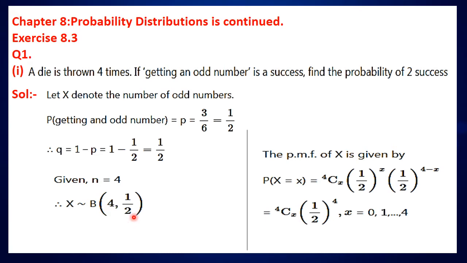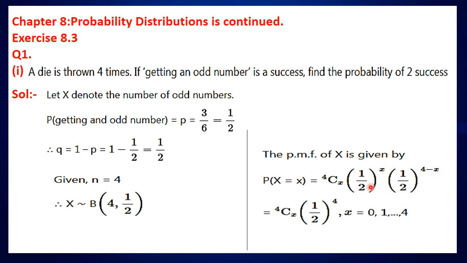So we can write the probability mass function of x as P of X equal to x is nCx, that is nCx into p raised to x into q raised to n minus x. So it is 4Cx into 1 by 2 raised to x into 1 by 2 raised to 4 minus x.